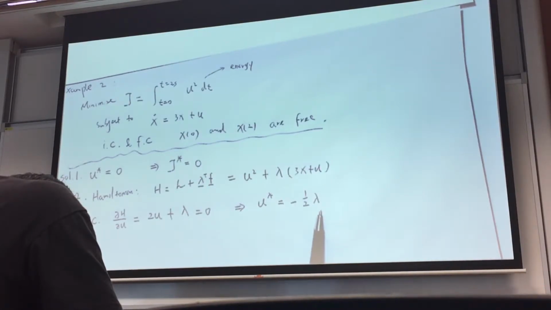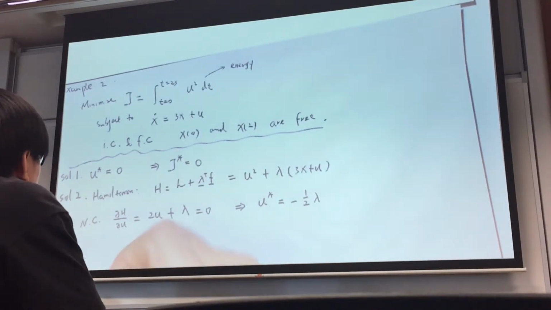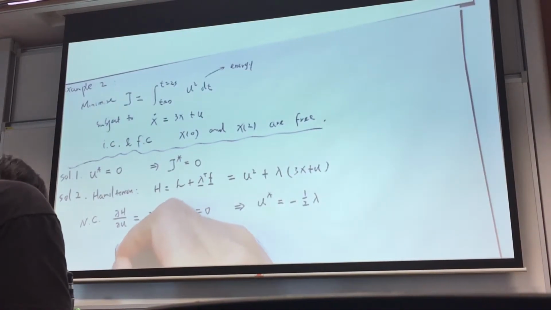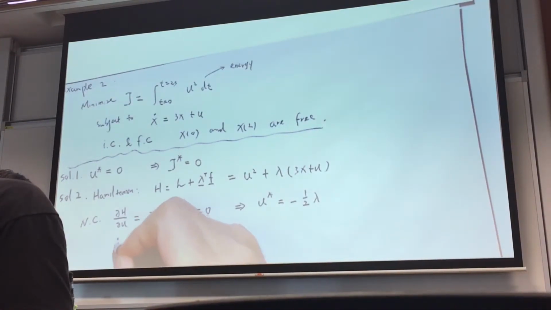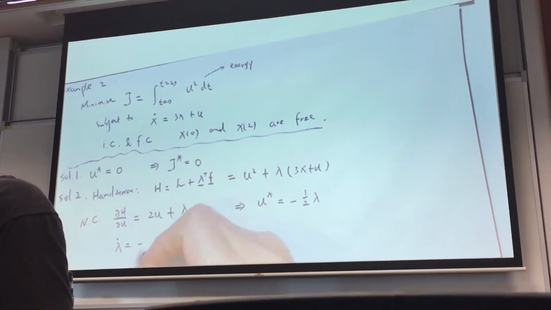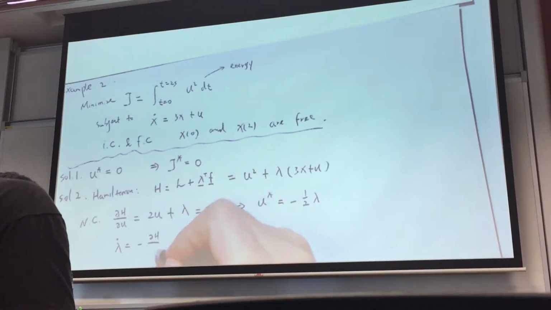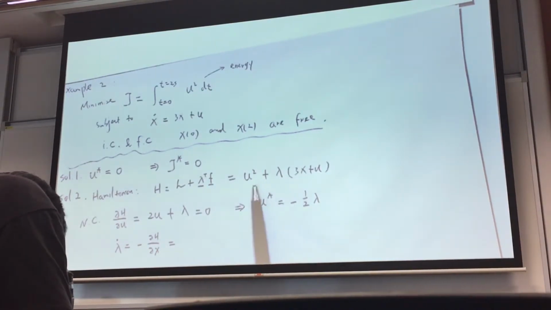In order to determine this lambda, we need another equation: lambda dot equal to minus dH/dx. So dH/dx equal to 3 lambda, since the u squared term does not depend on x.